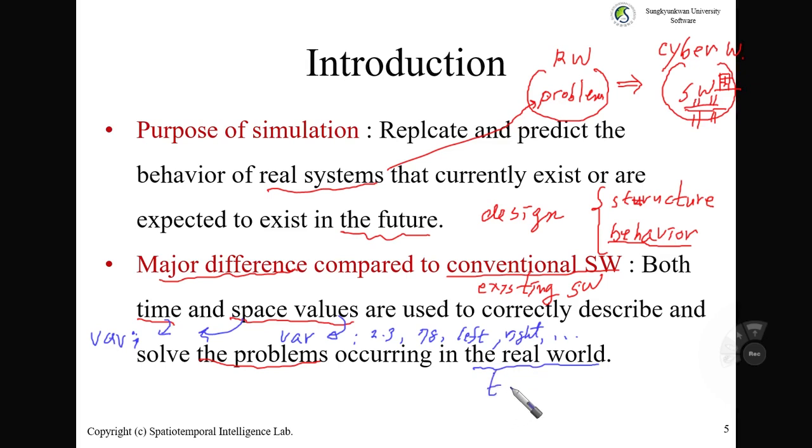Both time and space values are required to describe the problem or describe the target system and solve the problems with it. Without time, nothing can be correctly described in our real world.